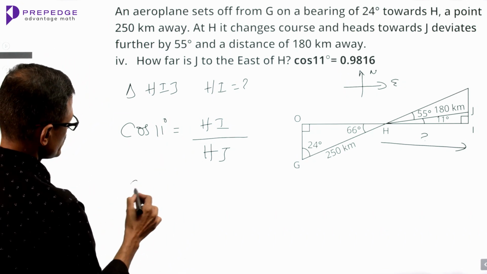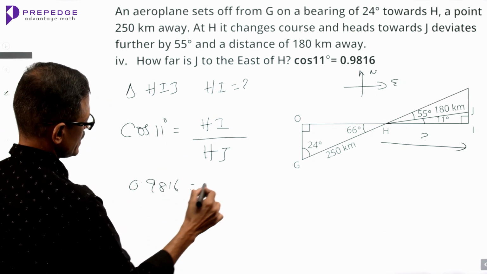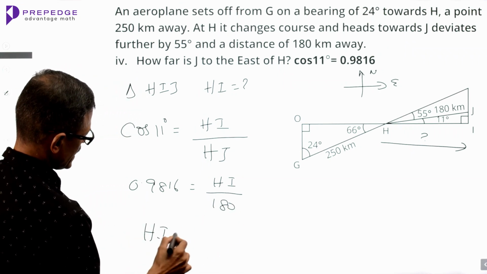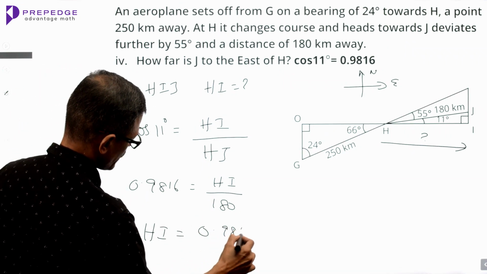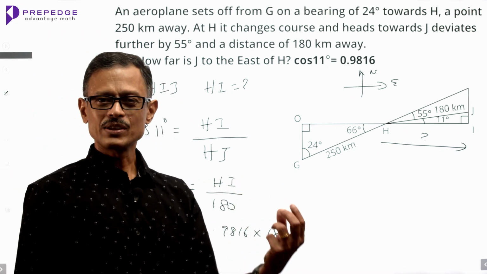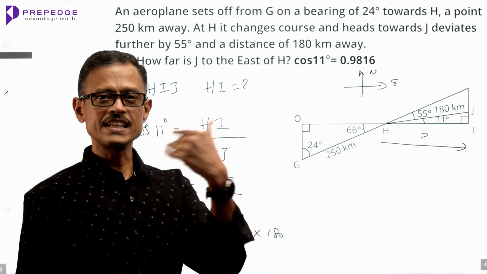Cos 11 is 0.9816, which is equal to HI divided by 180. So HI is equal to 0.9816 into 180. 180 into 1 would be 180, and this is a little less than that. So we'll place the decimals later on.